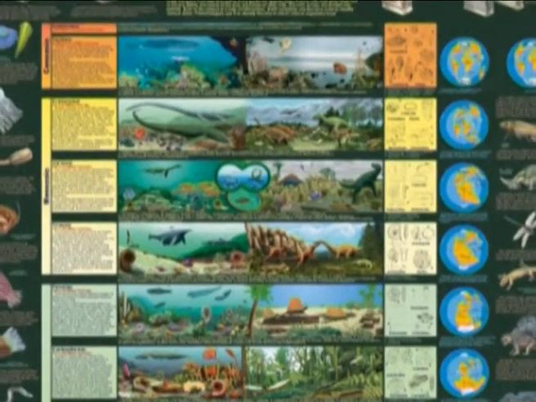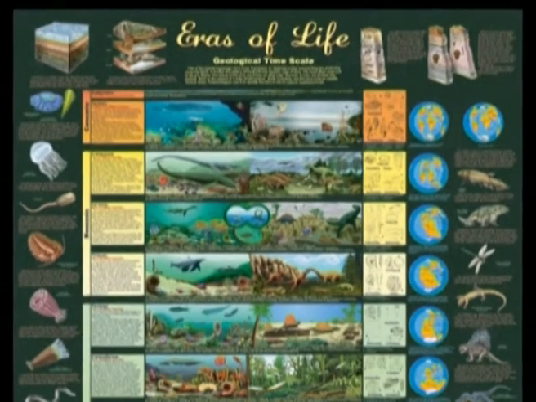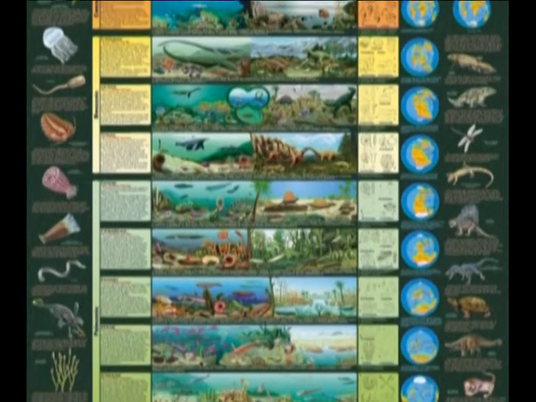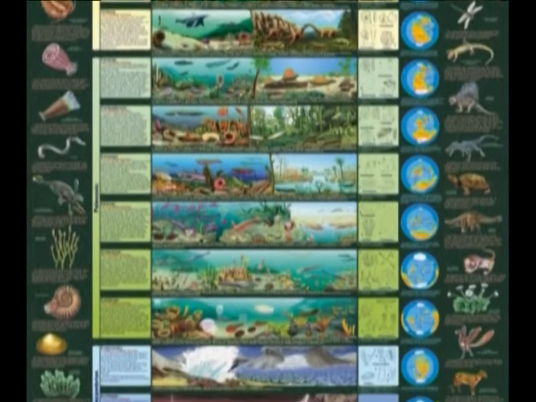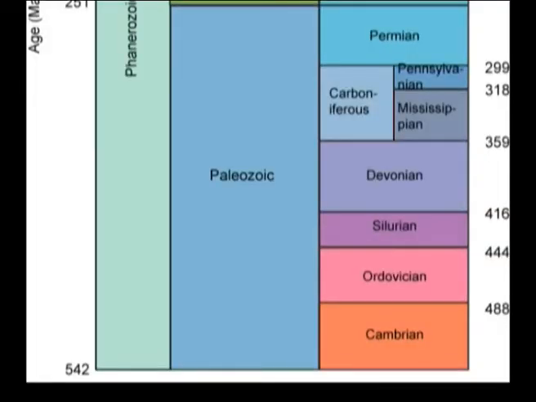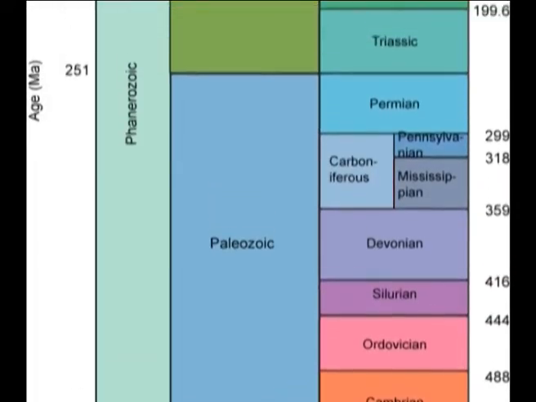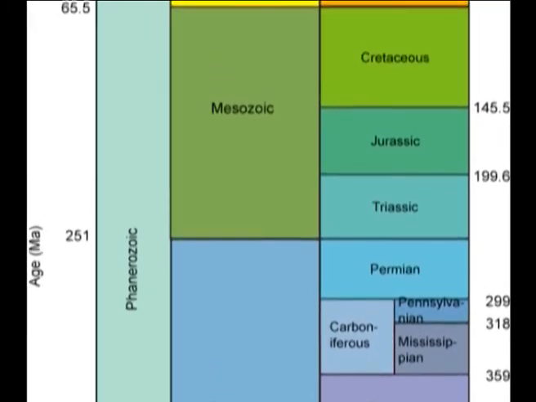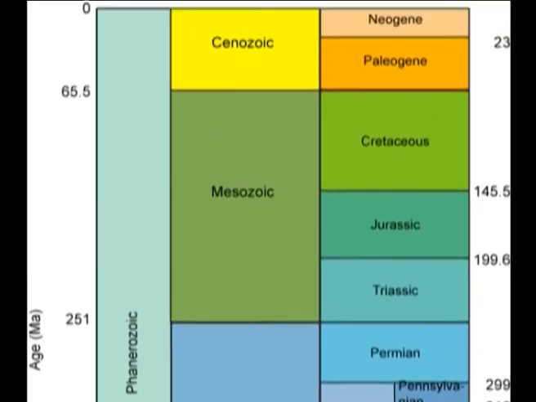On the basis of worldwide data, a standard chart has been prepared to understand the geological time scale. This list is divided first into the geologic eras of the Phanerozoic and then into the geologic periods of each era.